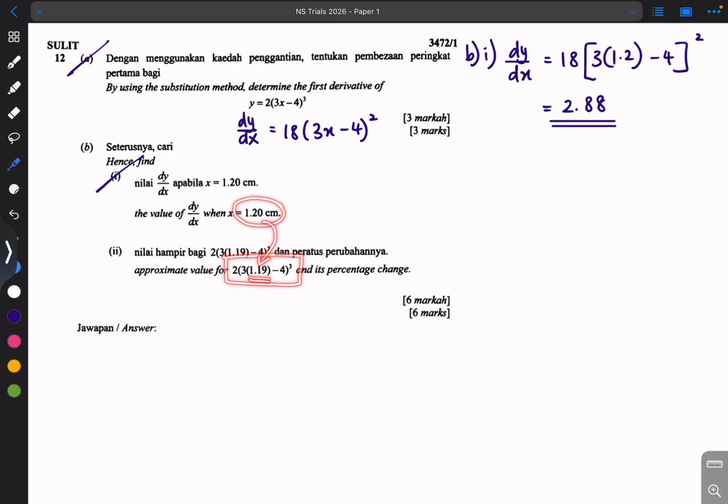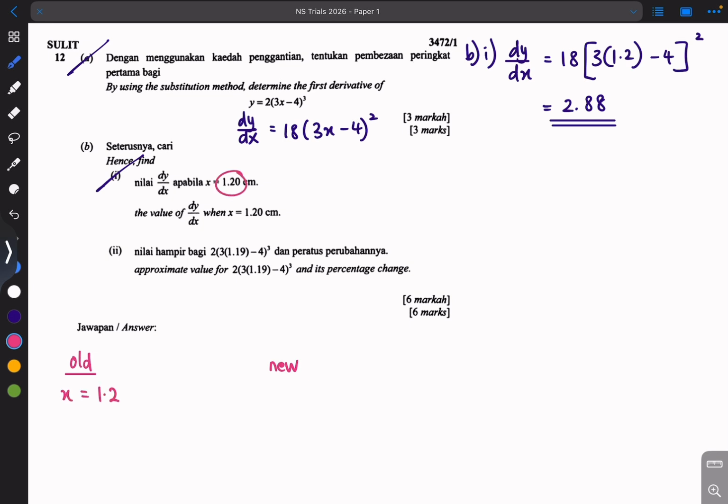This is a small change question. Okay, so let's analyze a bit. So we have old values and we have new values. So old value of x is 1.2. The new value of x is 1.19.